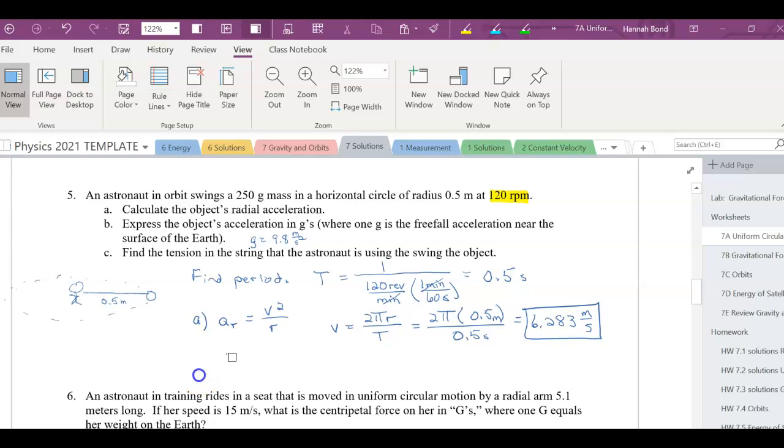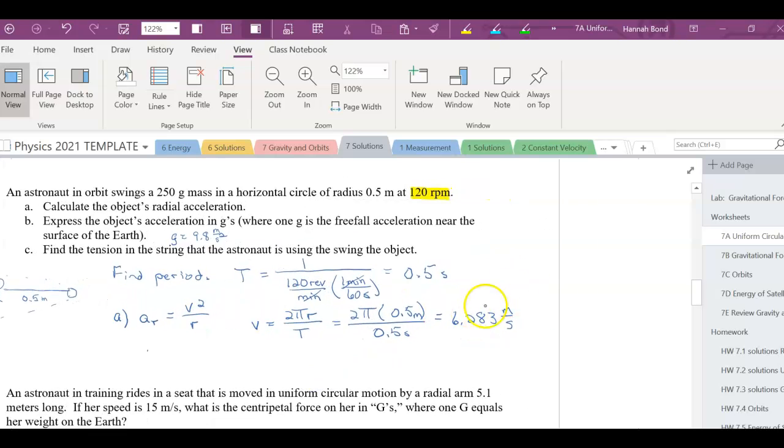My goodness, all I have found is the tangential speed. Got ahead of myself. So once I have that, I can find a_R is going to be that tangential speed, 6.283, squared divided by the radius, which is 0.5 meters.